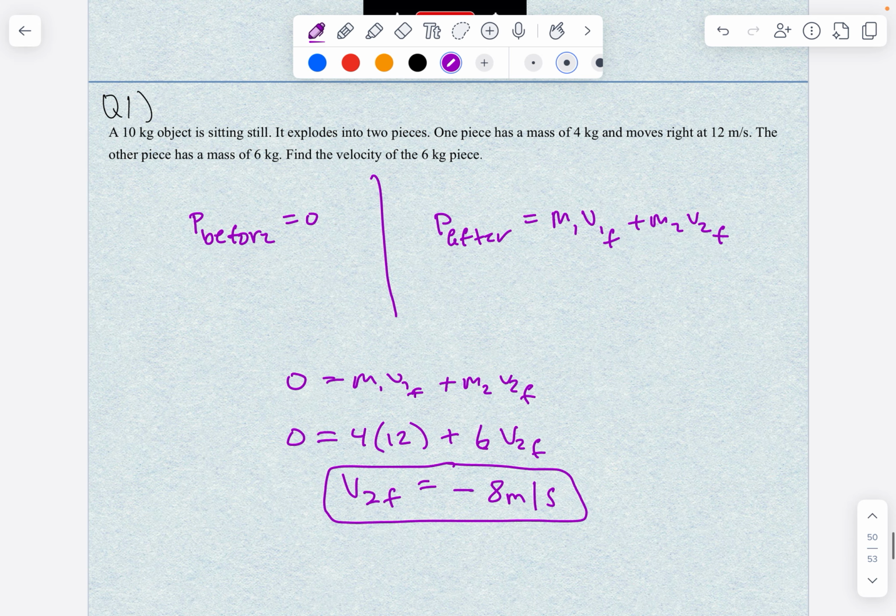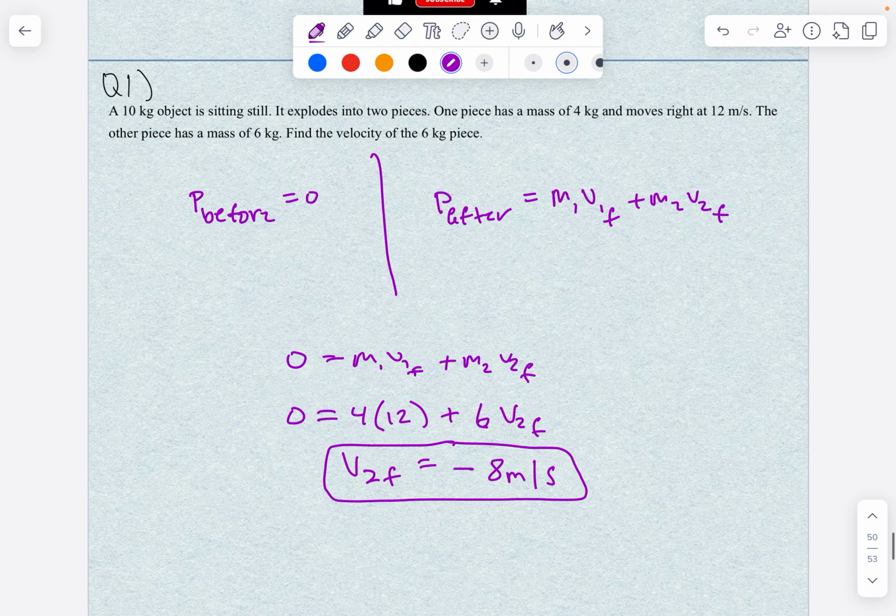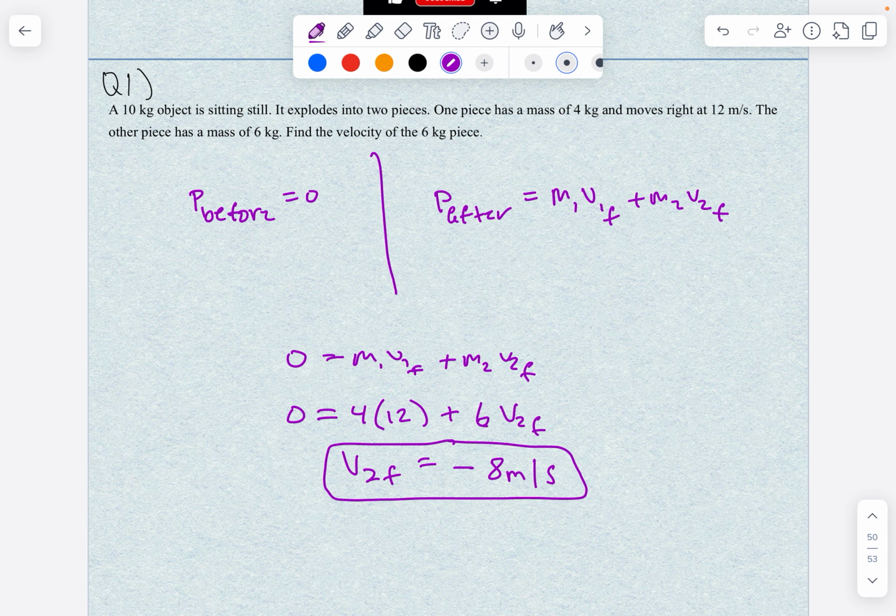So what this negative 8 meters per second tells us is that the 6 kilogram piece moves to the left with a magnitude of 8 meters per second. So negative means to the left. And to be extra careful on your exams, make sure you draw your coordinate system to show positive x and positive y directions. All right, hopefully that made sense.